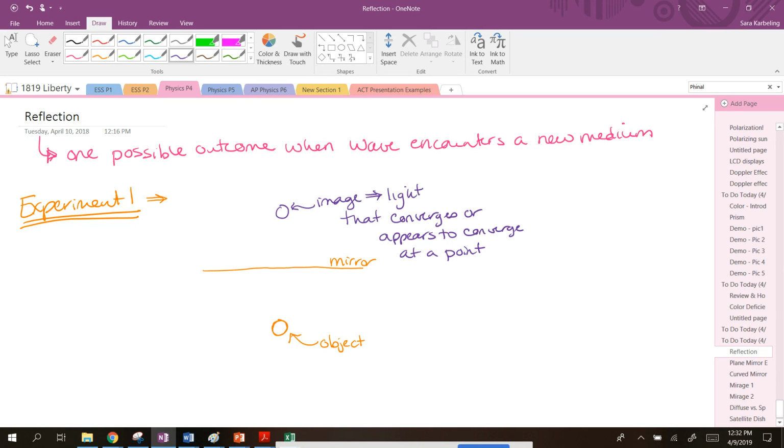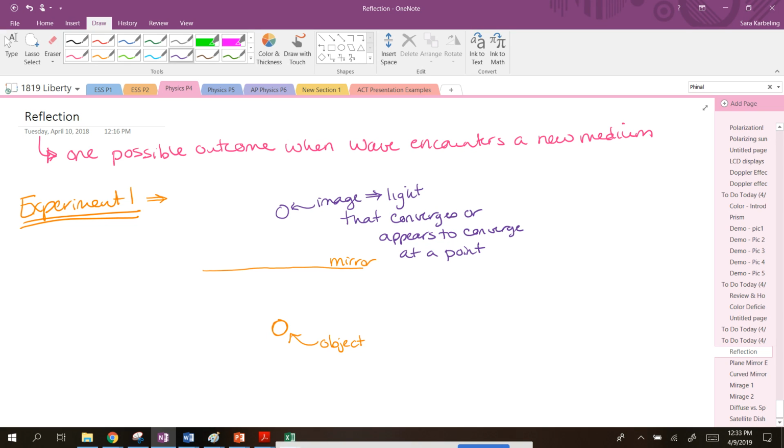You have had lots of experience with plane mirrors in your life. Every time you brush your teeth, so twice a day, I hope, and your dentist hopes as well, you look at your face in the mirror, right? And you're looking at a plane mirror, and your reflection appears exactly as you appear, right? Or plus or minus a little bit, okay? You are the object. Your reflection, that person that you see inside the mirror, in big air quotes, the thing that you see inside the mirror is the image.